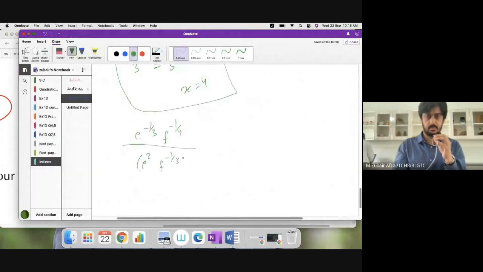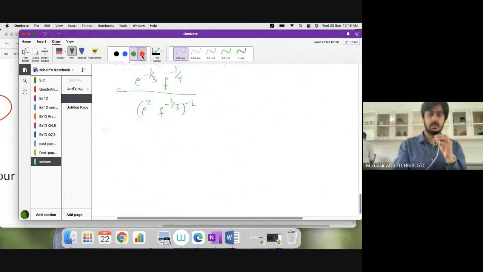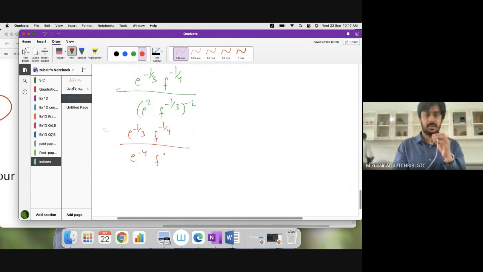Power is negative 2. Okay, now the question is copied. Let's solve it step by step. This is e raised to power negative 1 by 3, f raised to power negative 1 by 4, and then negative 2 on the complete power. So this is e minus 4 and f plus 2 by 3. I'm first handling the powers with the negatives and positives.